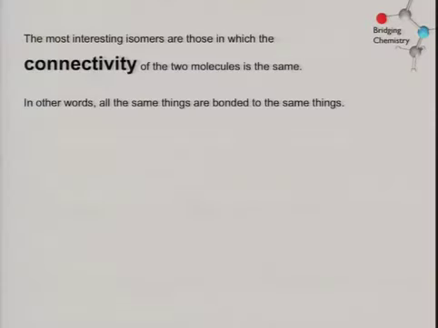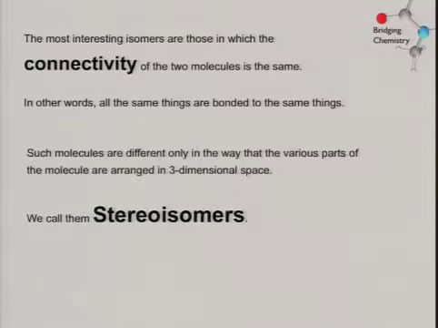The most interesting isomers are those in which the connectivity of the two molecules is the same. So in other words, all the same bits are attached to all the same other bits. In those two molecules, the OHs were attached to different carbons. But you can get isomers where everything's attached to the same other pieces as the other isomer, and yet the molecules are still different.